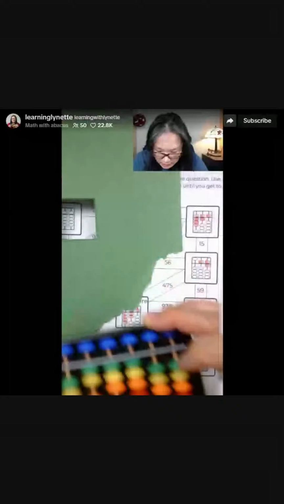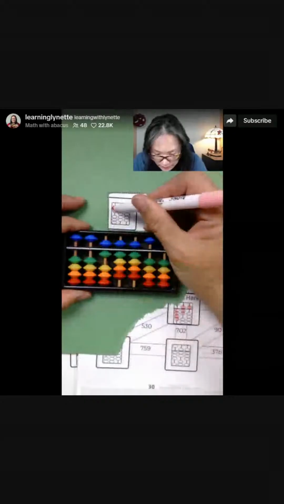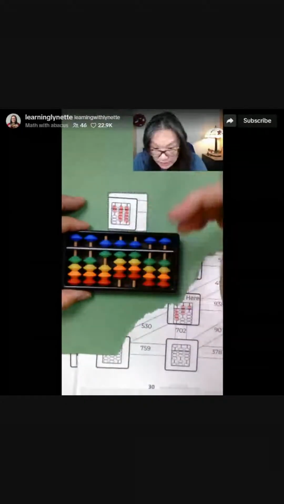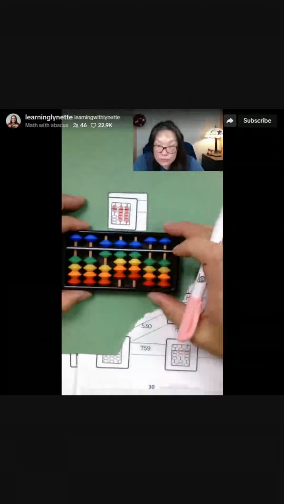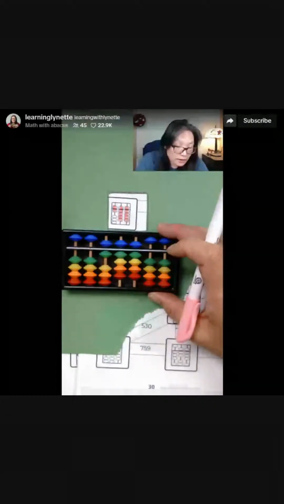So we have our hundreds, our tens, and then our ones. What number? Woo! That's a big number. 699.